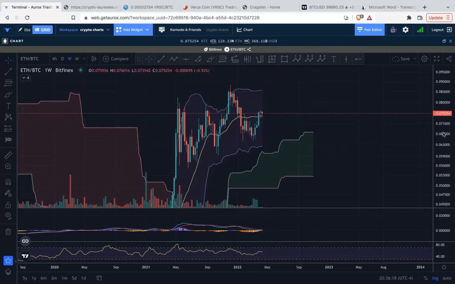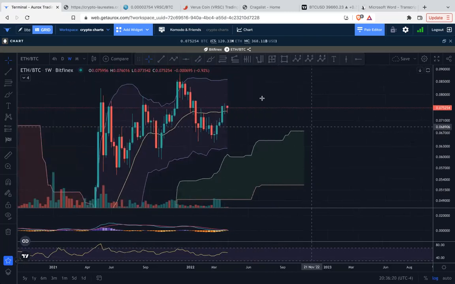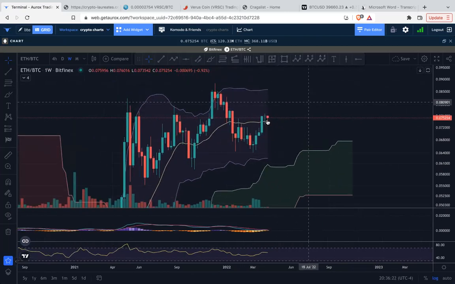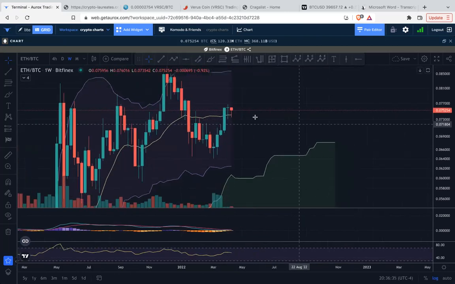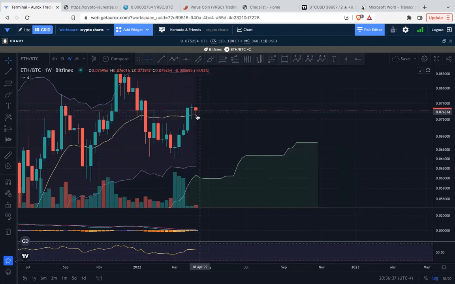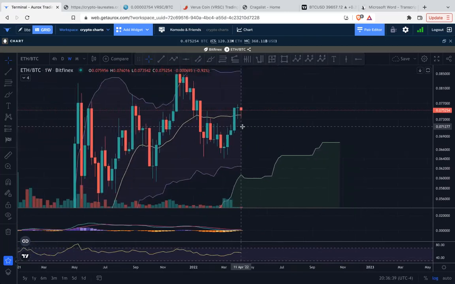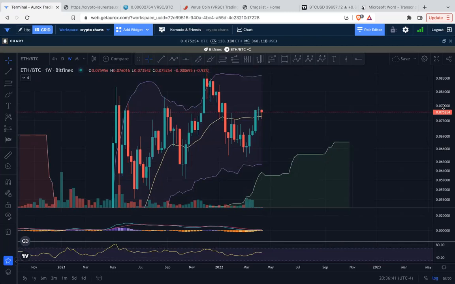However, compared to BTC, it's stronger against BTC, because last week it dumped through on BTC, and here on Ethereum, it just held above. Even currently, it's trying to hold above the 20-week moving average. Now, having said that, there's still a sense of uncertainty in the whole market.